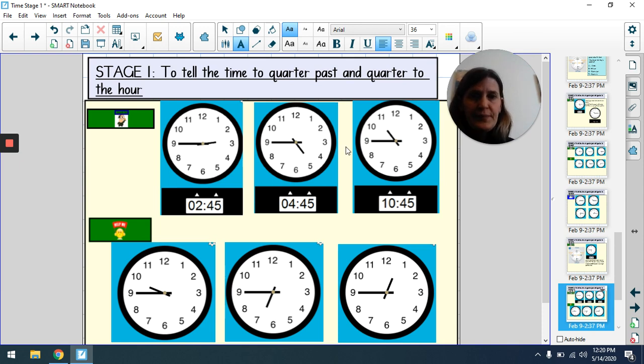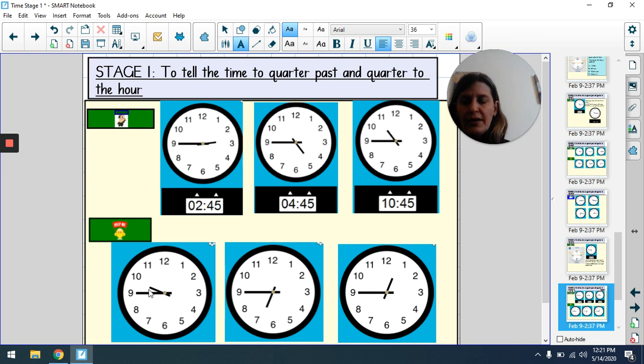Remember, if these numbers confuse you, don't worry about it. Just ignore it. Right. My hour hand is almost on the 5, so it's nearly 5 o'clock, and it is quarter to 5 because my minute hand's on the 9, so I say quarter to 5 or 4:45. My hour hand is almost on the 11, and the minute hand is on the 9, so quarter to 11 or 10:45.